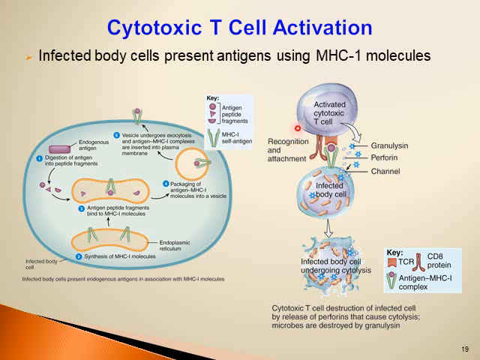This will be recognized by the cytotoxic T cell that has a T cell receptor specific to that antigen, which will bind the virus infected cell and will activate the cytotoxic T cell to release granulysin and perforin, which will put channels in the cell membrane of the infected cell and cause the lysis of the virus infected cell.